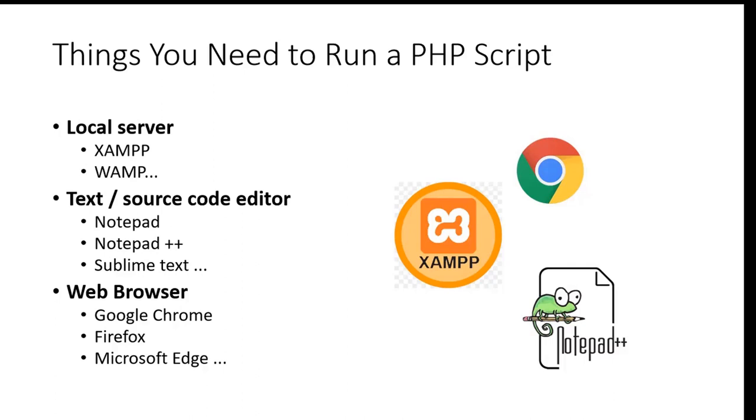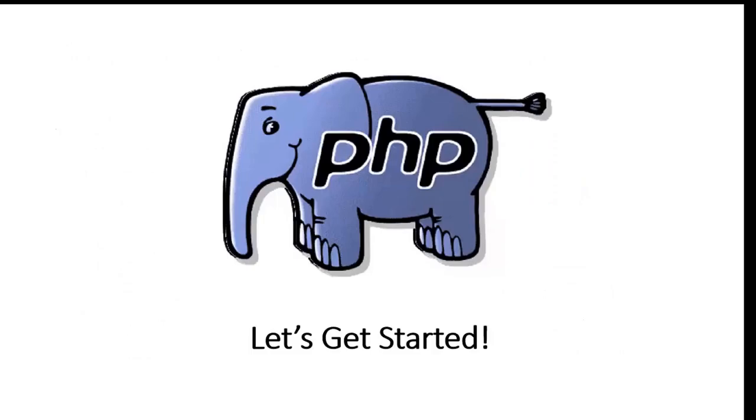That might be a bit of a task for a beginner. Once you have created the necessary environment, you can start executing any code that you have in PHP. So this is it. Let's get started.